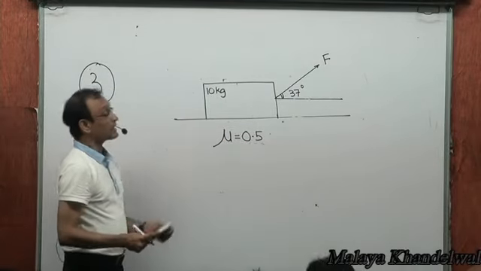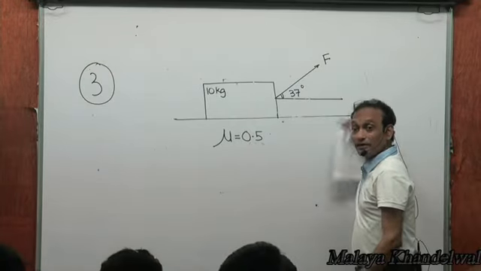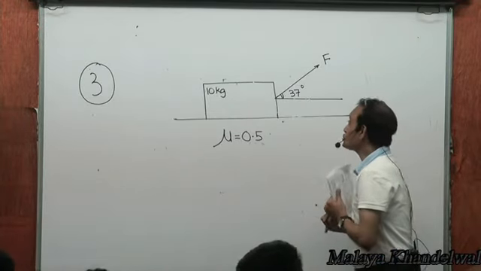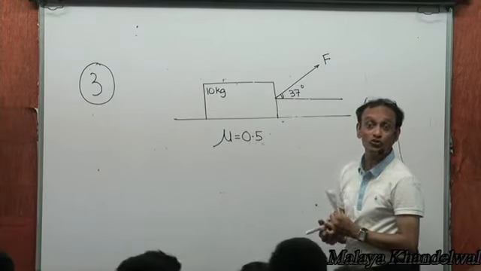The question to address is, see again, if capital F is increased, the vertical component of capital F will also increase. That means there is propensity for the block to get lifted, but also the horizontal component of capital F is increased. That means there is propensity for the block to also slide.